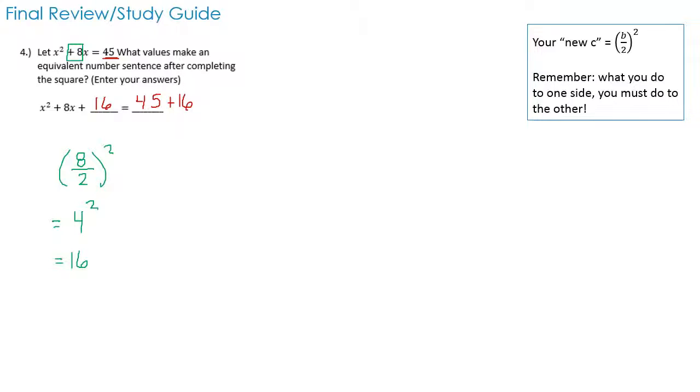So we have 16 on this side, and when we add 45 plus 16, we get 61. So those are going to be the 2 things that we enter in to the spaces. And that's it for number 4.